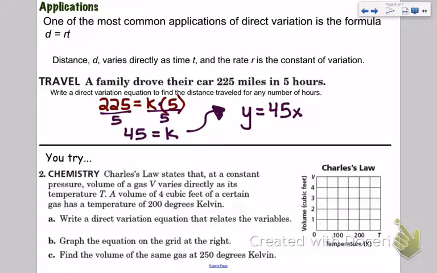That means their distance is going to be 45 times their number of hours. And I actually need to use, instead of x and y, distance and time, because that's what the formula says. So 45 is our rate, which means we're at 45 miles per hour. All right, go ahead and do the Try-It on this page, and that will conclude your homework tonight.